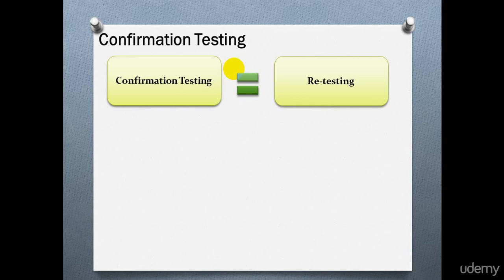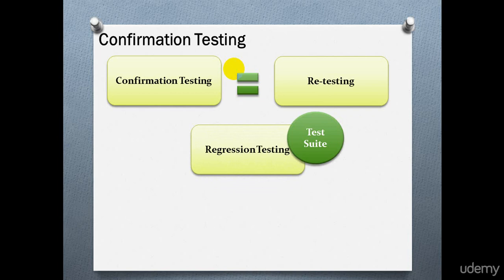Hence, a system or application that has undergone changes due to bug fixes or enhancements needs to be tested again to make sure that none of its original or existing functionality was modified unintentionally. So testing is carried out to check the system works as expected. This type of testing is known as regression testing.